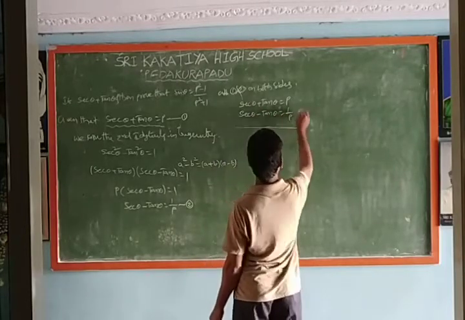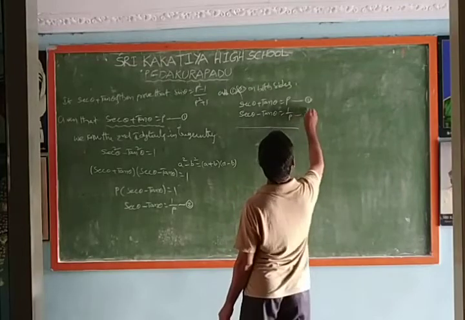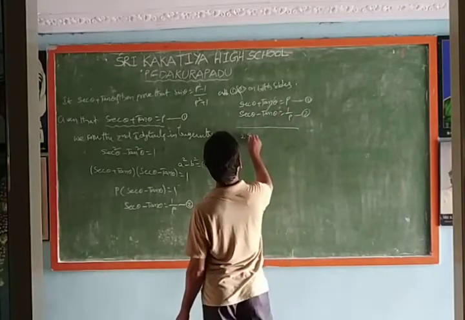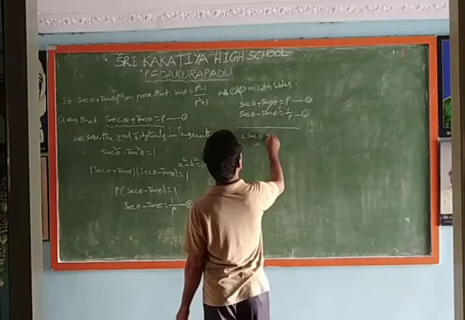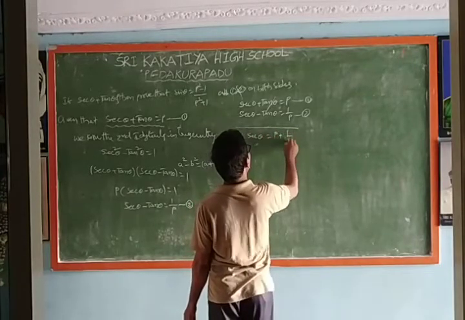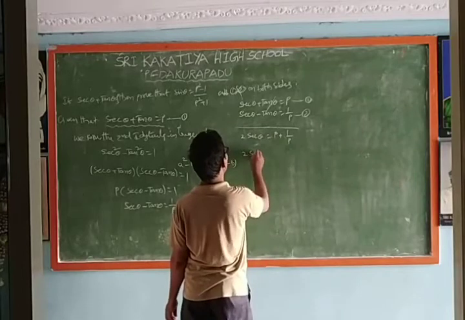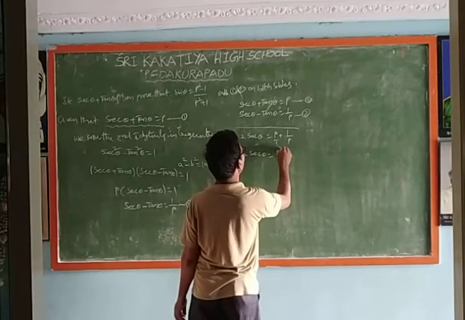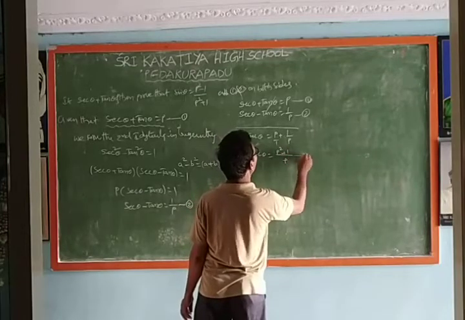Now we add. Tan theta cancels, and secant theta plus secant theta is 2 secant theta, which is equal to p plus 1 by p. That is, 2 secant theta is equal to, LCM is p, p square plus 1 by p. This is the third one.